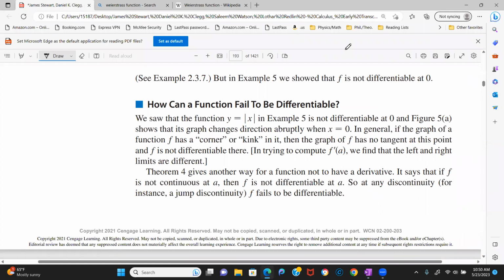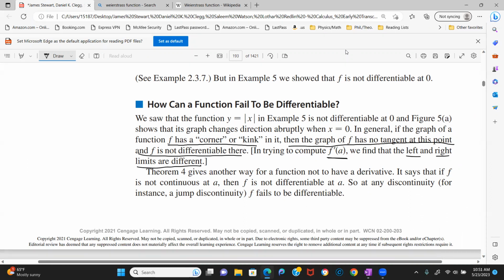Well, we saw that in general, if the graph of f has a corner or a kink, then the graph of f has no tangent line at this point, and so it can't be differentiable there. How you see that is if you try to compute the derivative and you look at the left and the right hand limits, you're going to see that they're different, and that's exactly what we saw with the absolute value function.